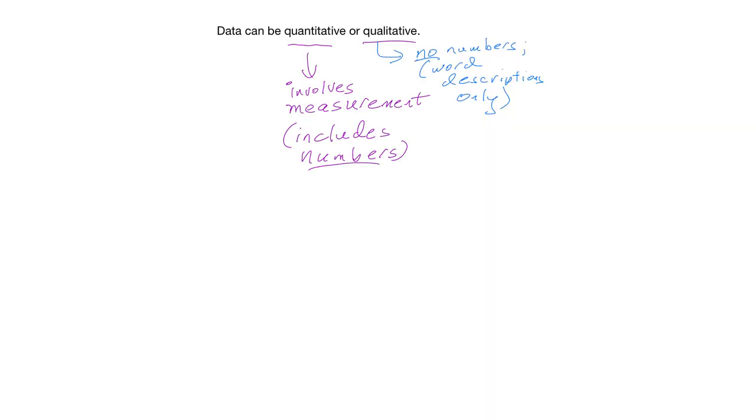Now, data can be qualitative as well. Qualitative means you're just describing something. Like if you're doing an experiment and the color changes, I'm not going to use numbers to explain how the liquid turned from blue to pink.